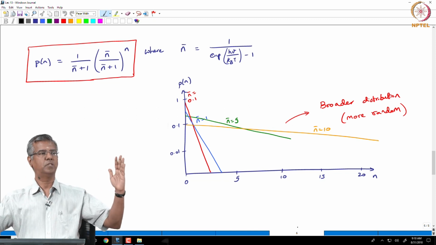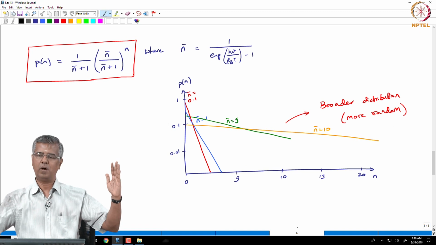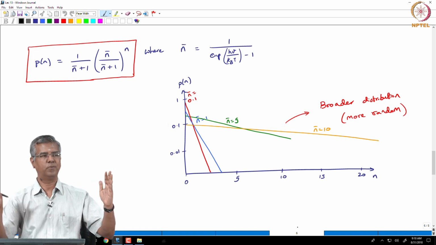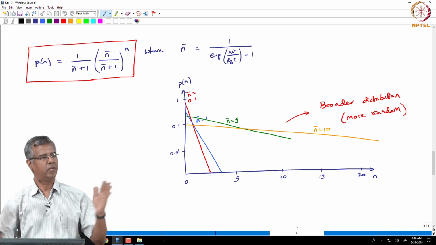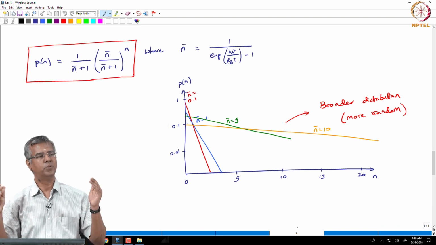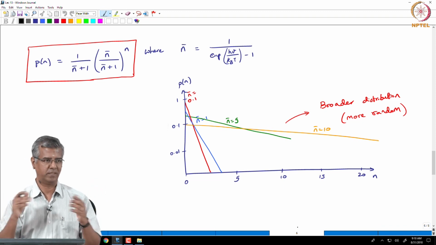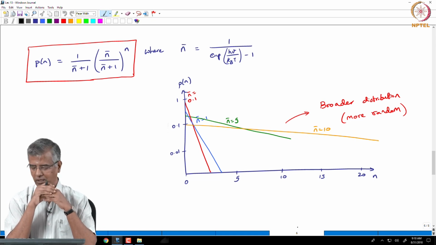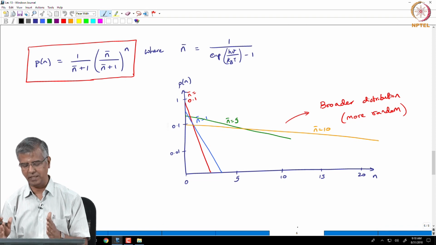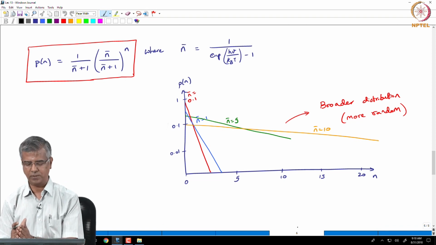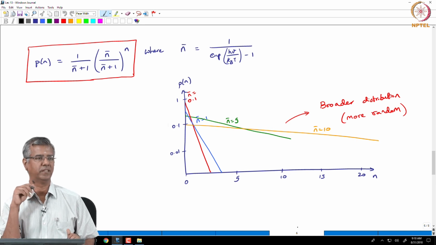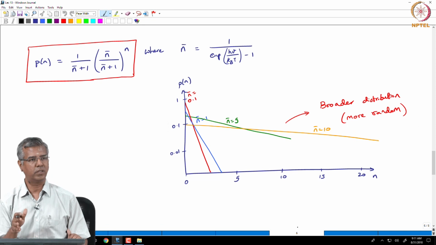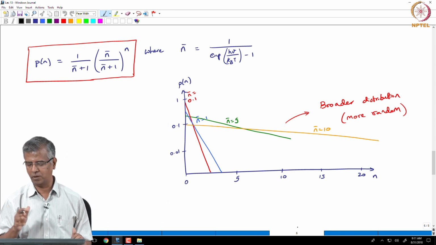Now if you average over this much time, you have already seen all these different time slots having these different photon numbers, but when you average them together, you basically get a mean number. So essentially if you do time averaging, this entire thing is going to collapse to something closer to what you are supposed to see, n bar equal to 10. Okay, so that is what this probability distribution means.